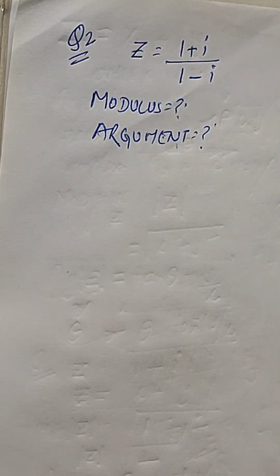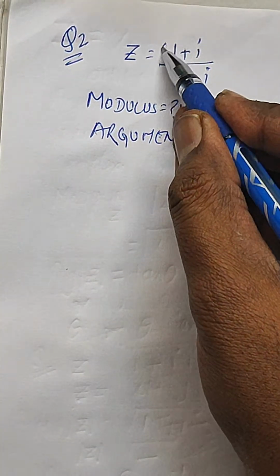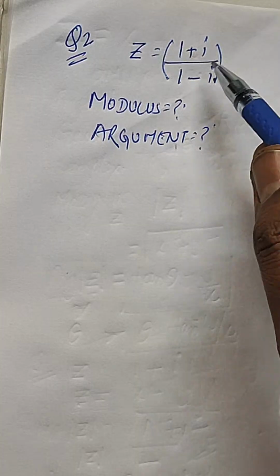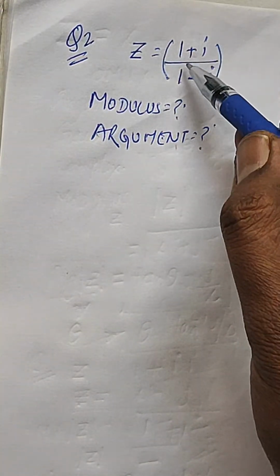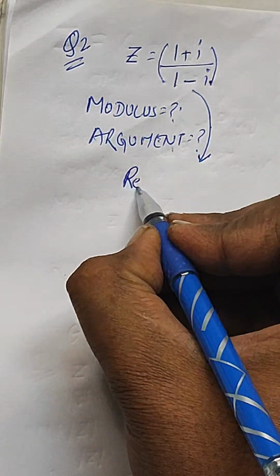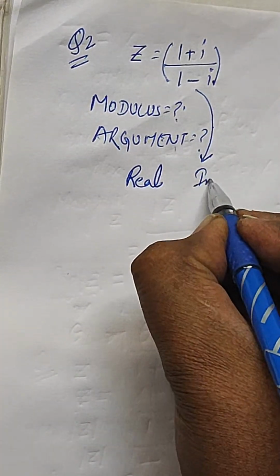So, my dear friends, for any complex number given in the form 1 plus i by 1 minus i, this is not the standard form. Just convert this complex number into a standard form where we have one real part and one imaginary part.